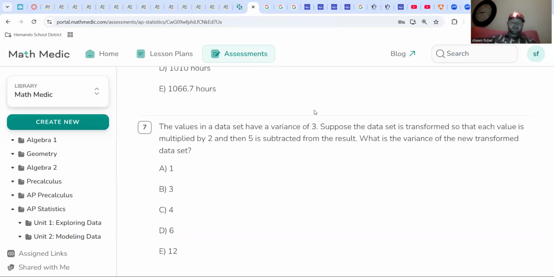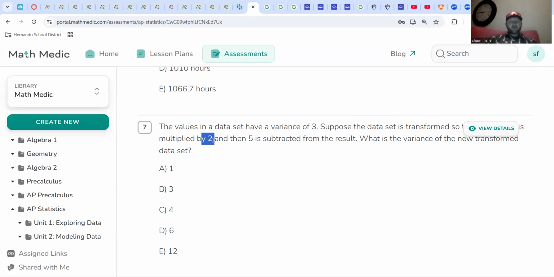That's what we have so far. Suppose that it's transformed by multiplication. The subtraction is not going to mess us up at all. So the value of each is multiplied. There's the C value right there. When we're talking about variance, we're going to take whatever the variance is multiplied by that constant and square it.